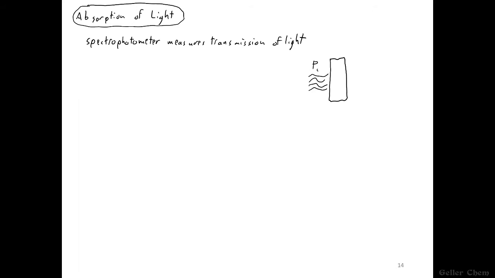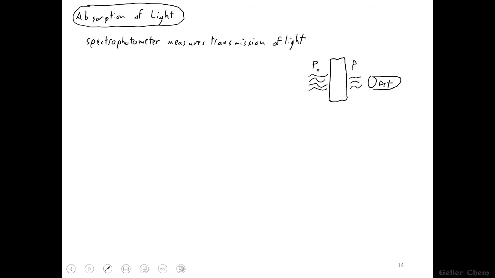And then we'll put a little 0 subscript to indicate that this is the original power of light going through, and if some of that is absorbed by the sample, then less will come out the other side, and we'll label that power of light just P, and we have a detector that measures that light. And presumably the instrument knows how much light was being shined in the first place. So in this simple diagram we could say 4 light photons were directed into the sample, only 3 made it out, so 1/4 of the light was absorbed.